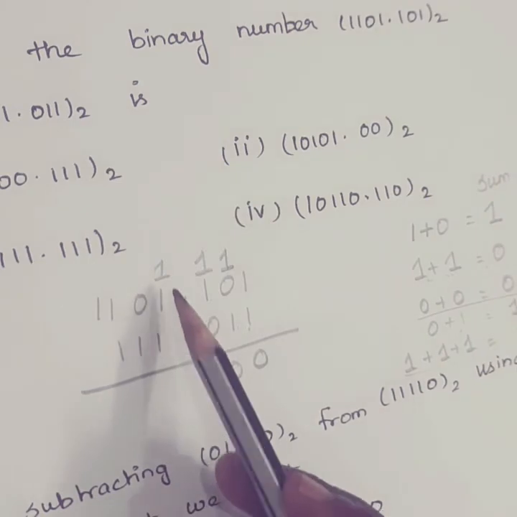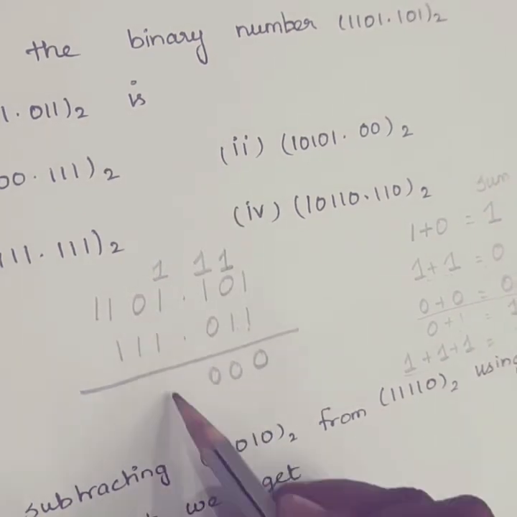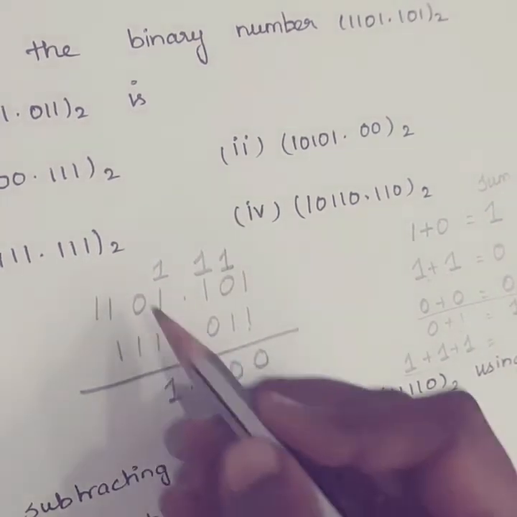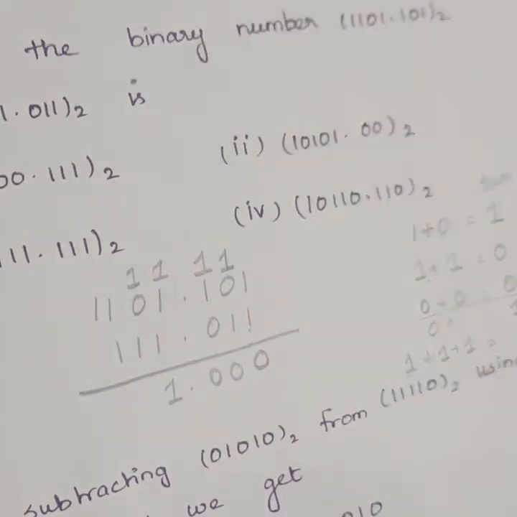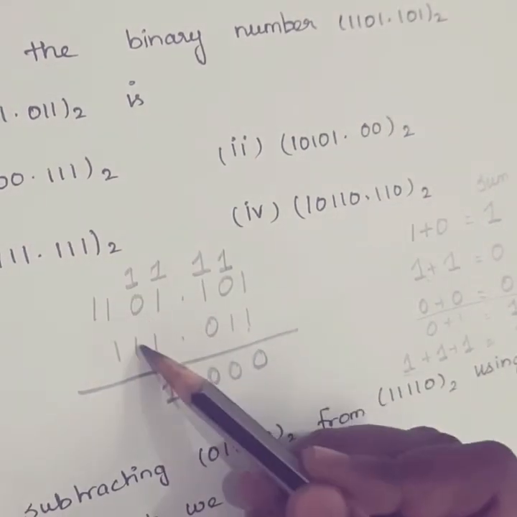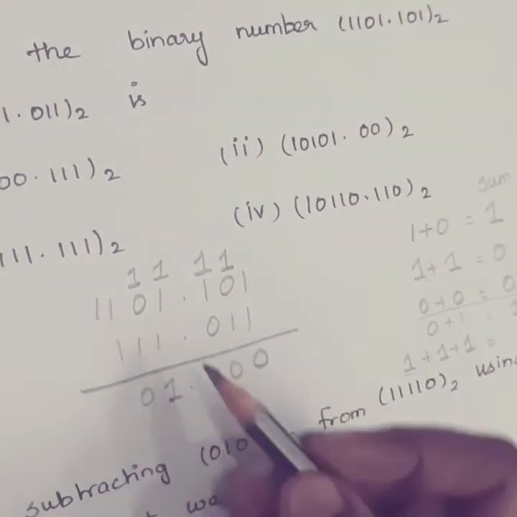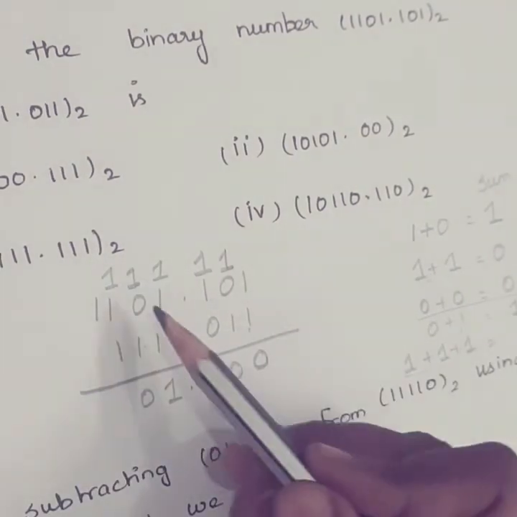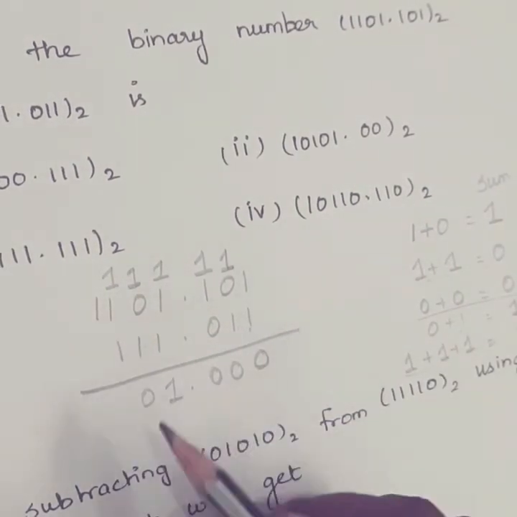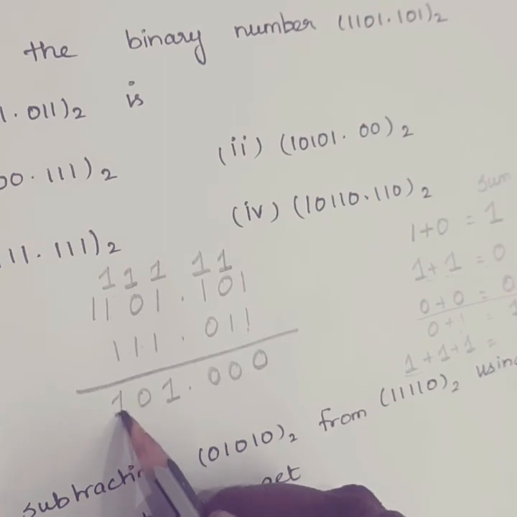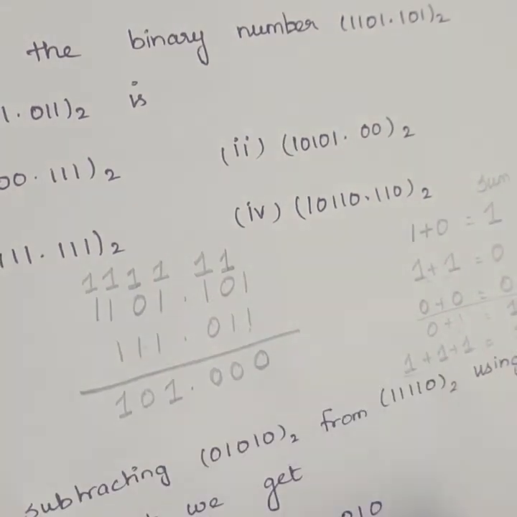Now we have three ones, so sum is 1 and carry is also 1. Then 1 plus 1, two ones, sum 0, carry is 1. Then 1 1 1, three ones, so sum 1, carry is also 1, right?